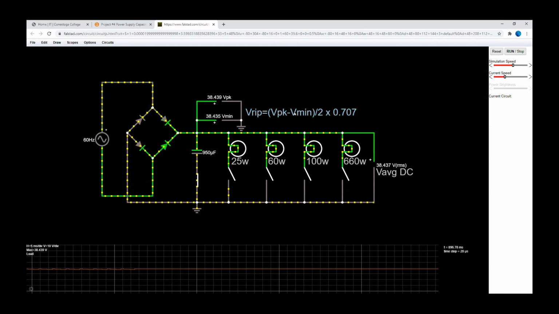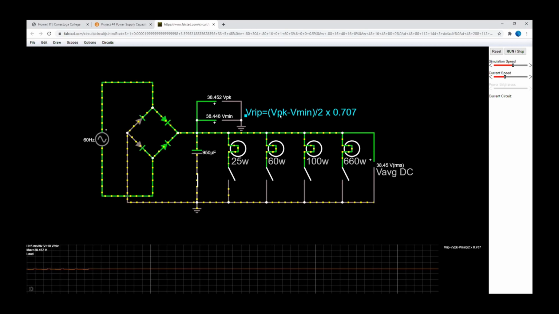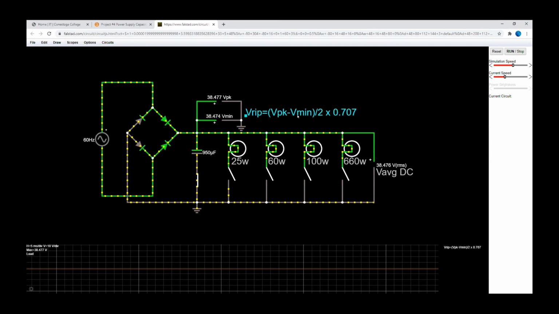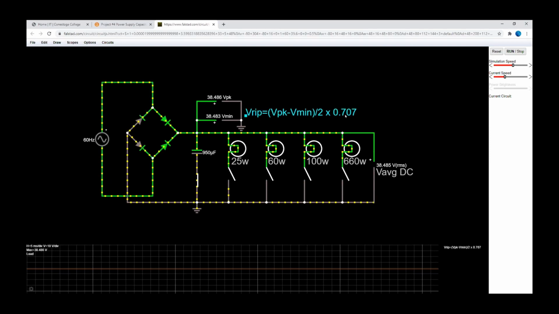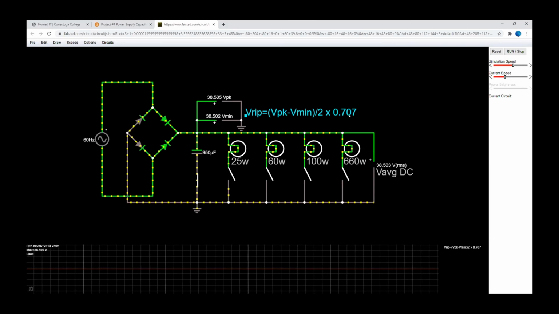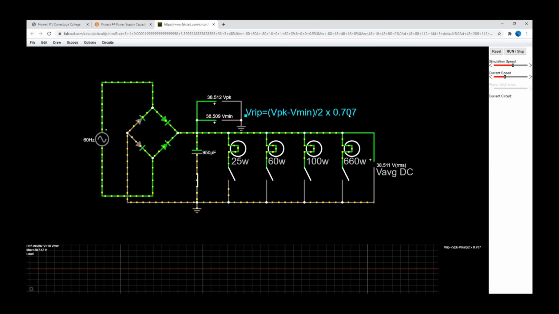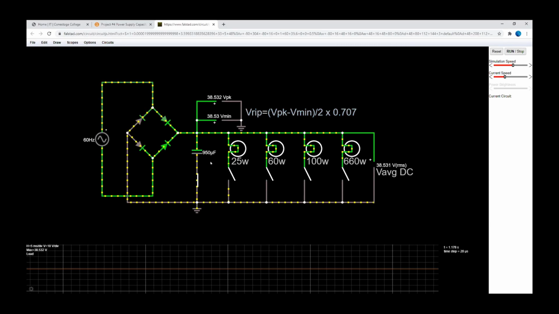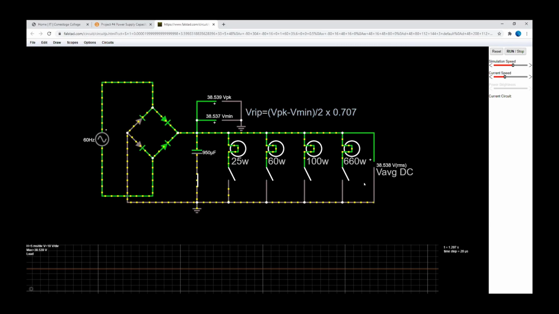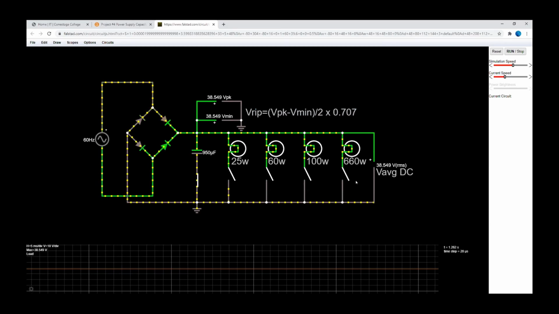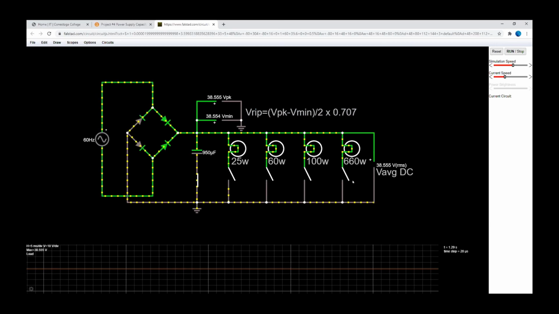By using this formula, you can see that V peak, which is the V max minus the V minimum, divided by 2 times 0.707, is going to give you the ripple voltage, which is the amount of AC voltage that we have in our rectification circuit. But when we filter the signal, and this is what this is called, and we don't have any load connected, the amount of ripple voltage, of course, is going to be 0. We're not going to have any AC voltage.